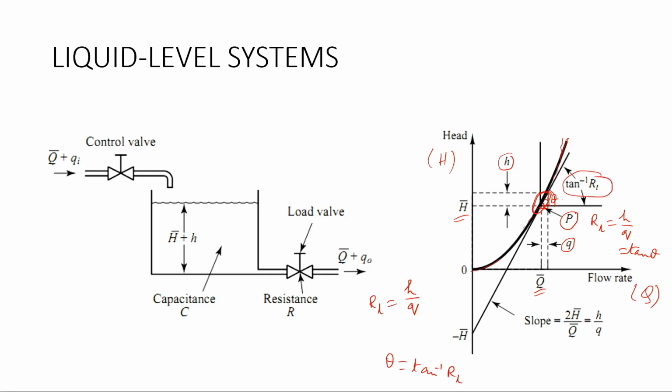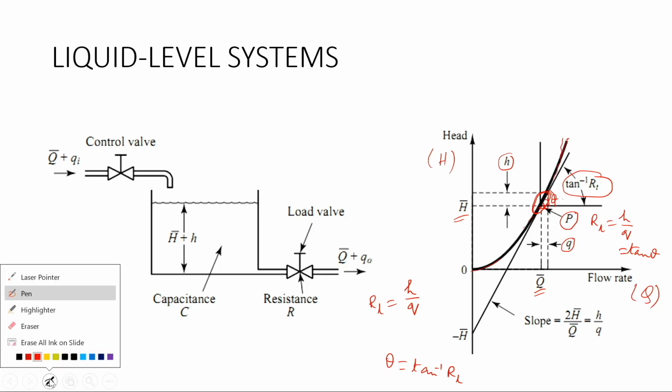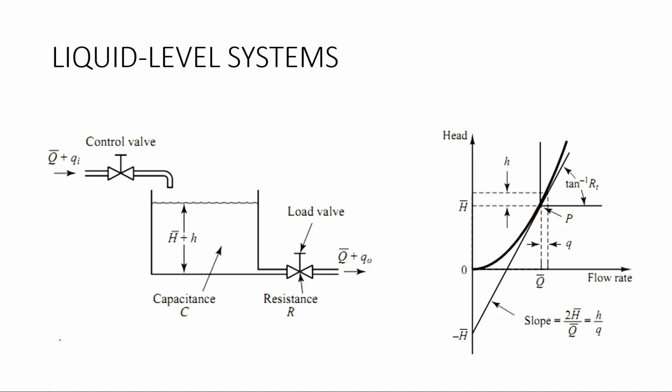That is actually for laminar consideration. You see this is here RL, tan inverse RL. Now if you draw the tangent at this particular point, then the tangent will intersect the y axis at the minus h coordinate.